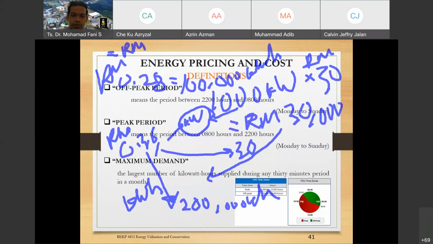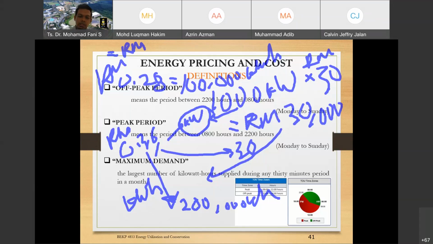Lastly, you need to come out with the total electricity, which is the main component, okay? Not including the charge, the main component, to get the sum of the contribution from the off-peak period, peak period price, and also for the maximum demand, okay?